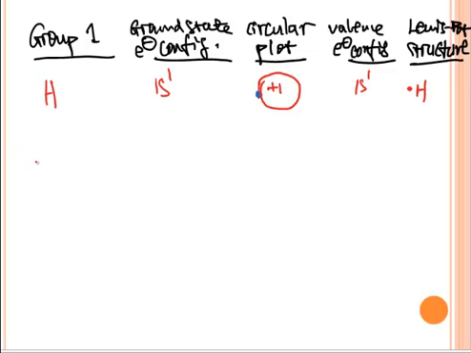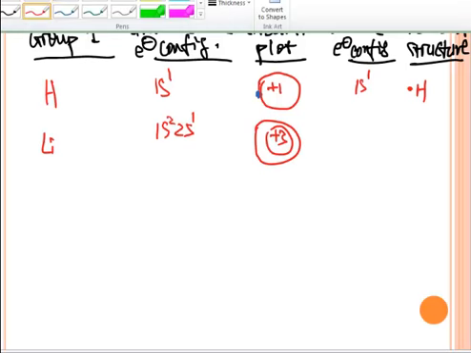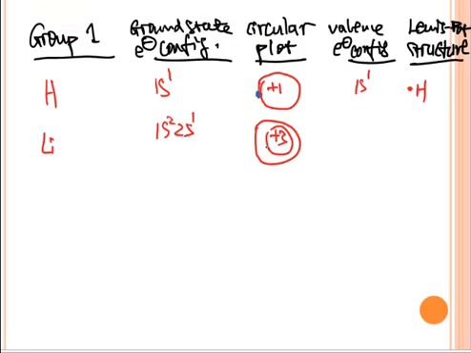The next one will be lithium. That will be lithium, number 3, 1s2 2s1 now. So we have a +3, 2 circles, and there are 2 electrons on the first and 1 electron on the second.